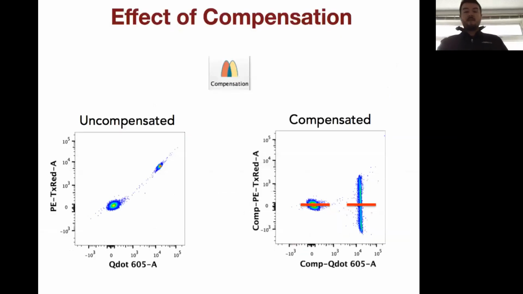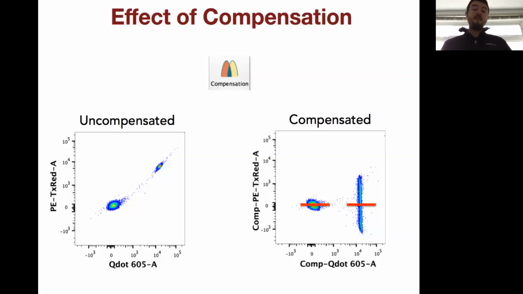The effect of compensation, of course, is to zero out the negatives. So ideally, as you can see on the right, once compensated, your negative and positive control populations should have equal medians for the unstained channels. In this case, we're looking at the compensation control for Q605, and we can see here that the PE Texas red parameter has approximately equal negatives.